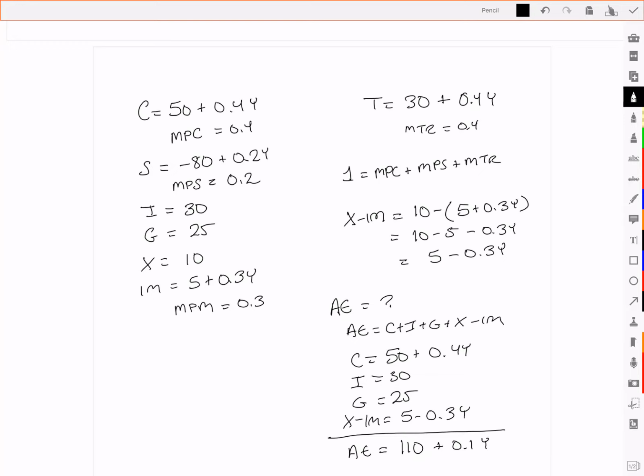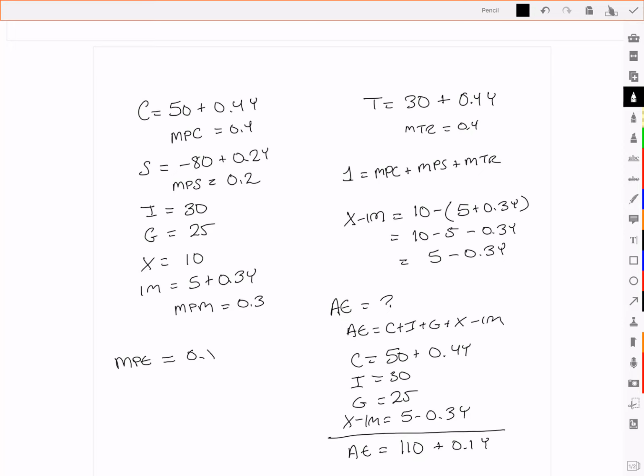So what can we tell about the economy from this? What we can tell here is that we have autonomous spending for the total economy of $110. So if income is 0 for the entire economy, there's still spending of $110. What else we can find from here is the MPE. MPE is the slope of the aggregate expenditure function, and here it's 0.1.